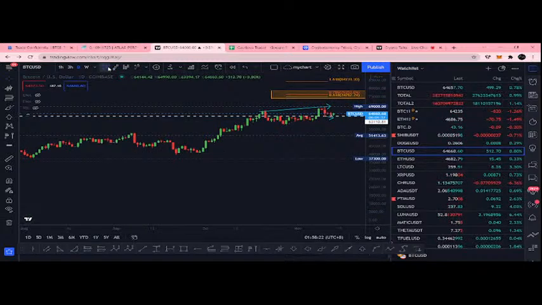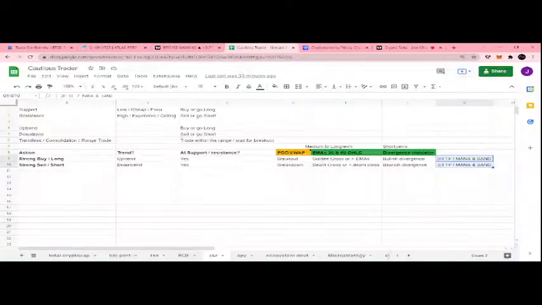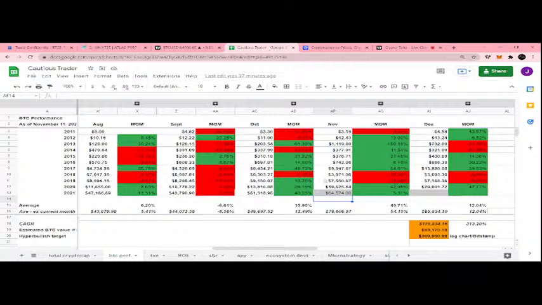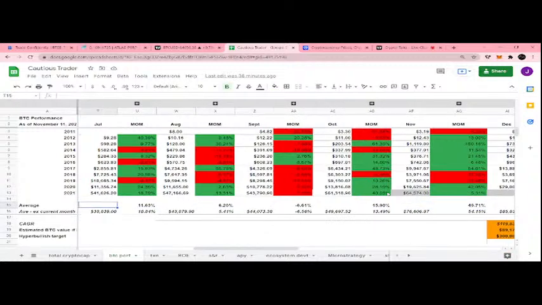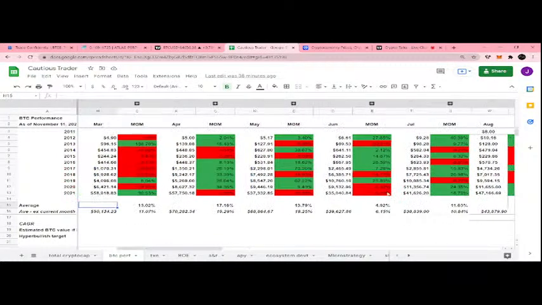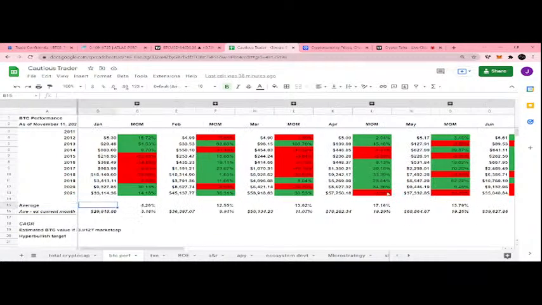And if you look also at the performance of BTC for the month of November, it's actually quite a very good returns. Diba? Average 49 versus the rest of the months. I think that's the highest.